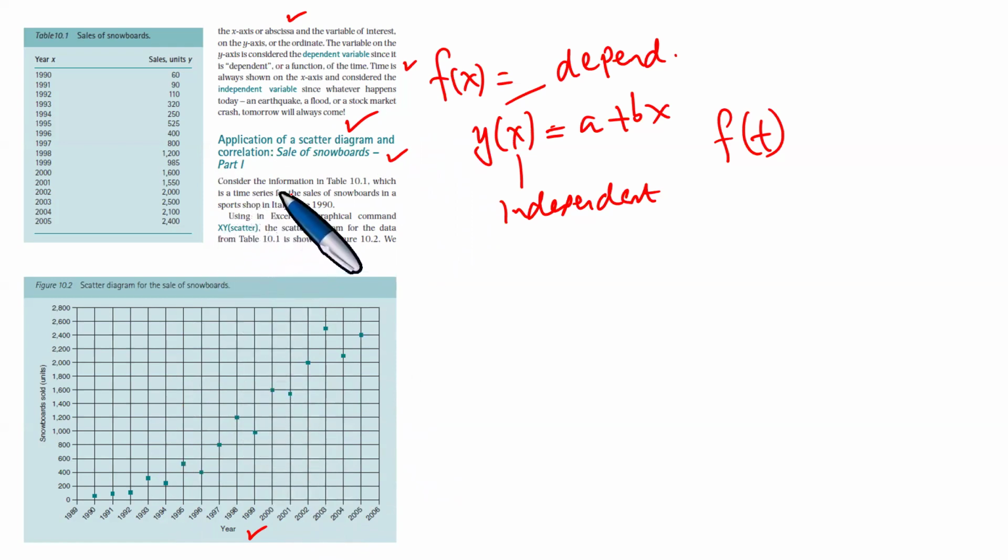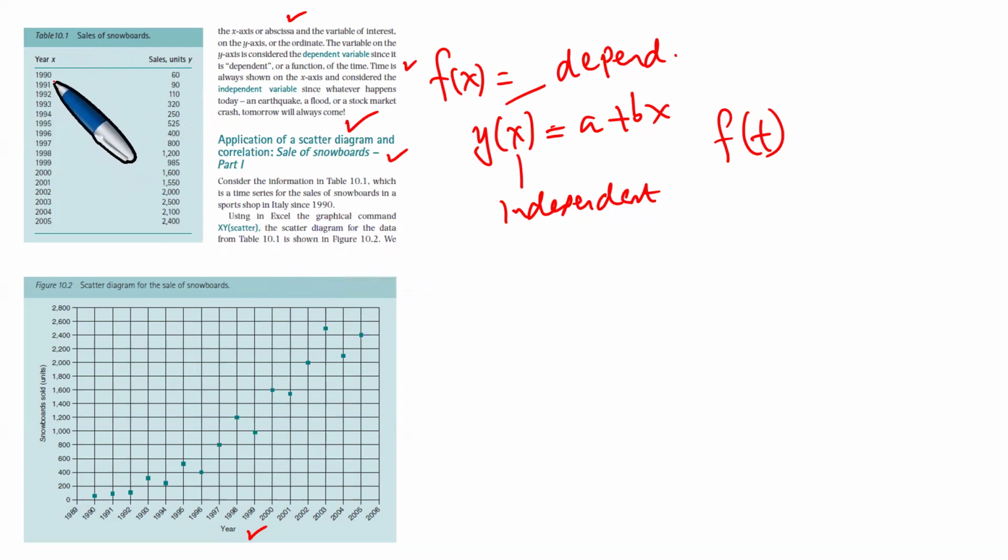We consider the information in table 10.1, in that table up there, which is a time series for the sales of snowballs in a sports shop in Italy in 1990.